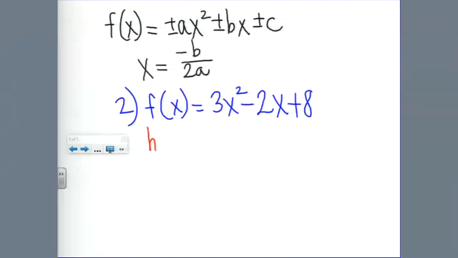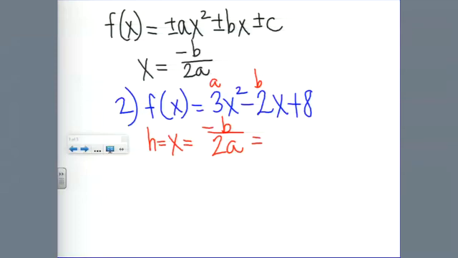H or x, same deal, is equal to negative b all over 2 times a, in which a is positive 3 and b is negative 2. So we have all the information necessary to find the first coordinate of our vertex.